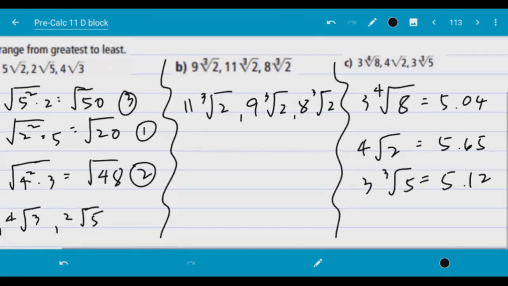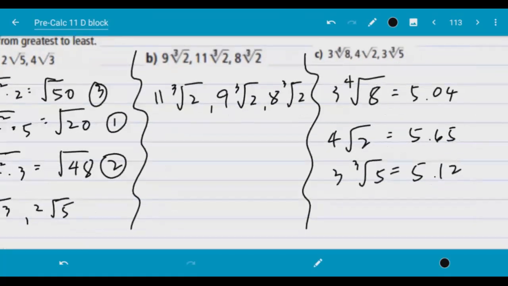So you can tell which one is biggest. The middle one is biggest. All right. So the answer would be 4 root of 2, and then 3 cube root of 5, and then 3/4 root of 8.